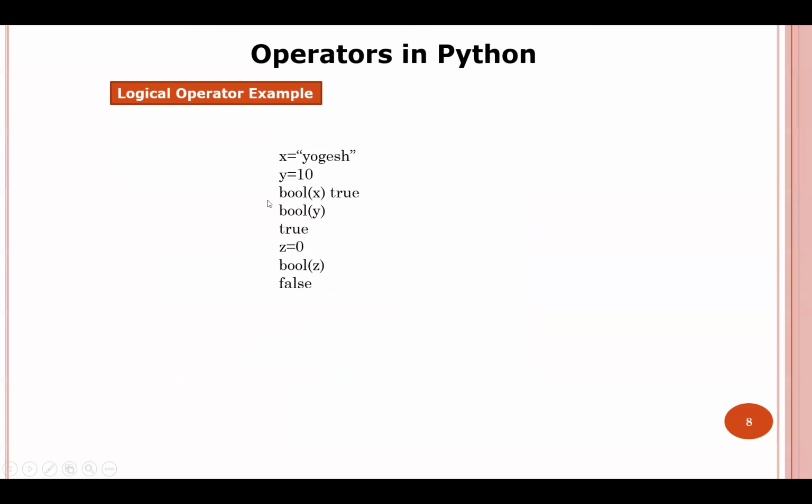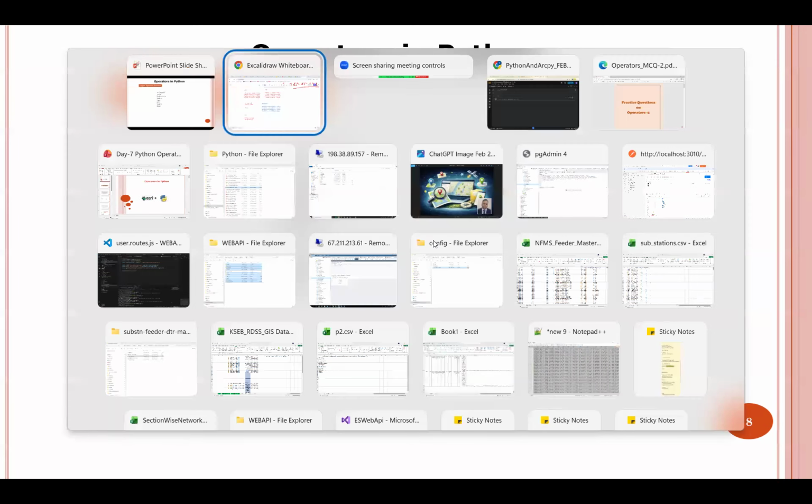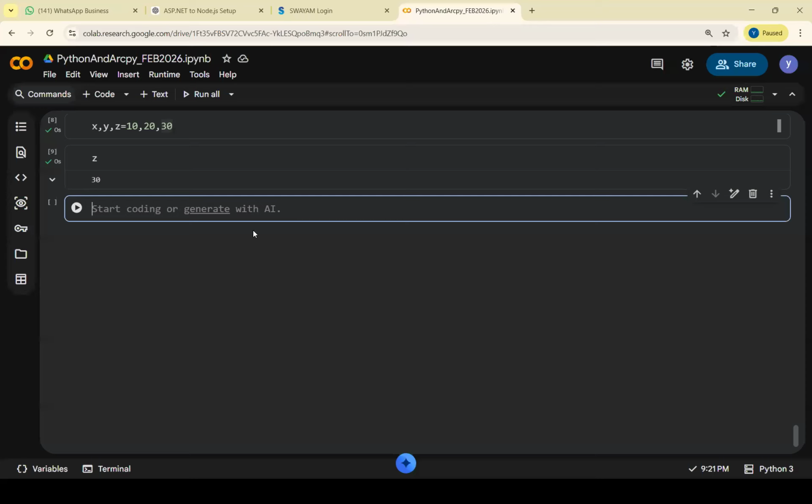So here one more good thing: sometimes in interviews people ask, like if you remember, two sessions before we discussed conversion. Conversion means let's suppose you have a is equal to 10, and you want to convert this 10 to an integer.